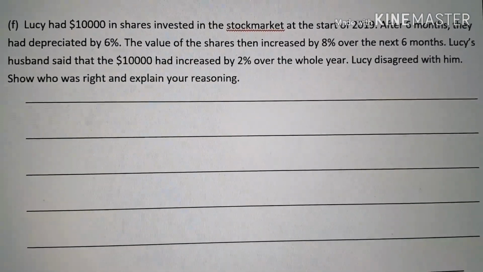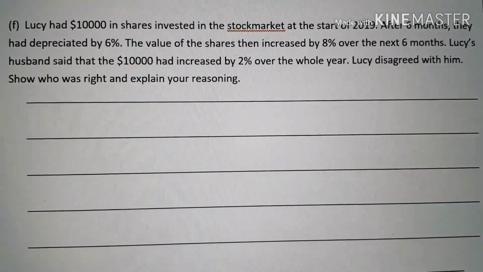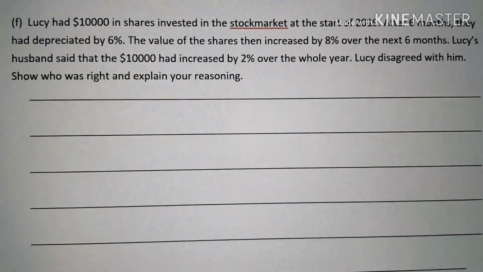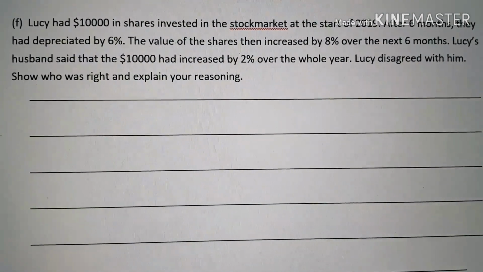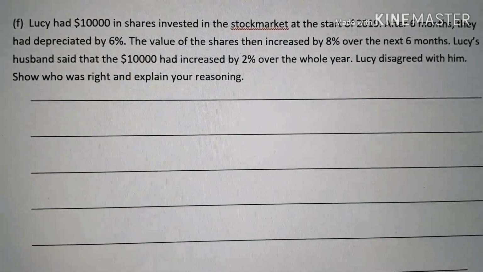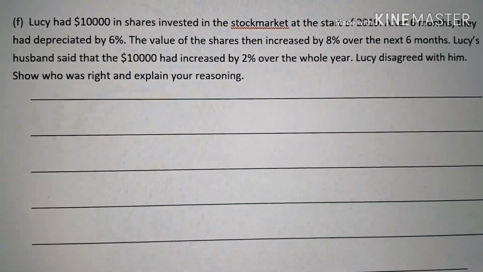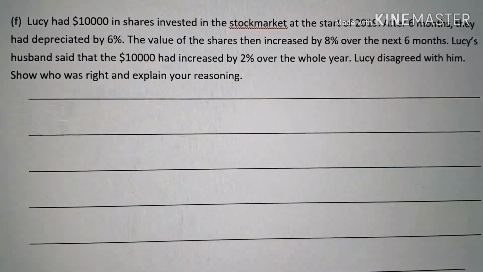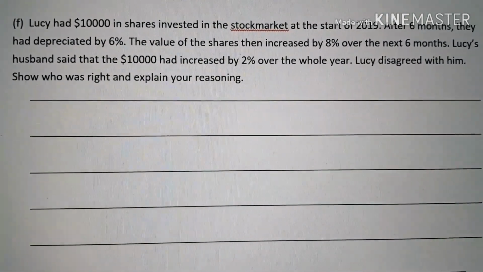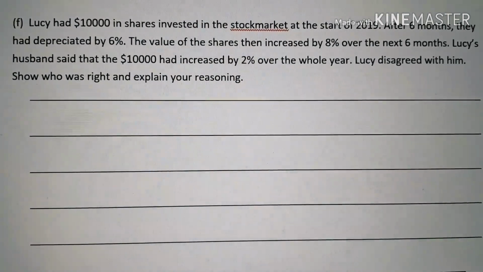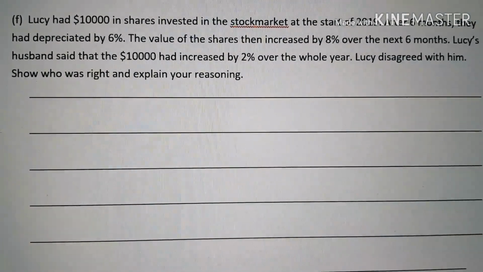Okay, but then the value of shares increased by 8% over the next 6 months. Okay, and Lucy's husband said the 10,000 had increased by 2% over the whole year. Lucy disagrees. Right, you need to calculate them, give evidence, and say who's right.